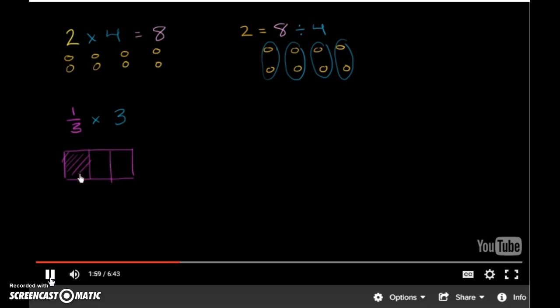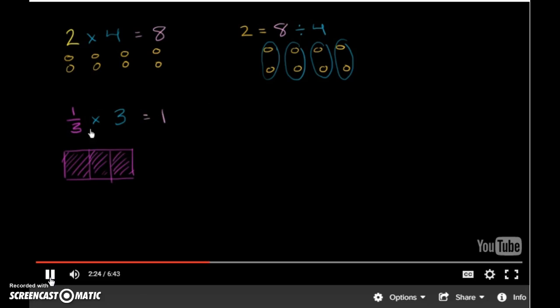So that's 1/3. But we're going to multiply by 3. So we're going to have 3 of these 1/3. Or another way of thinking about it is 1/3 plus another 1/3 plus another 1/3. That's our first third, our second third, and our third third. And we get the whole. This is 3/3 or 1. So this is going to be equal to 1.